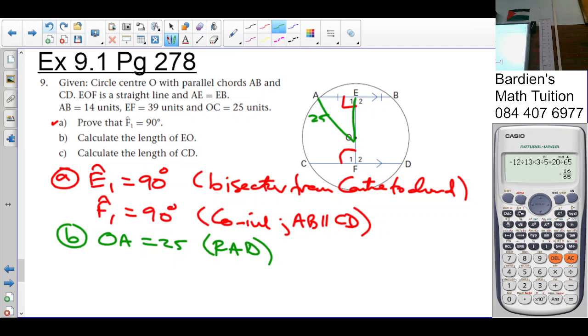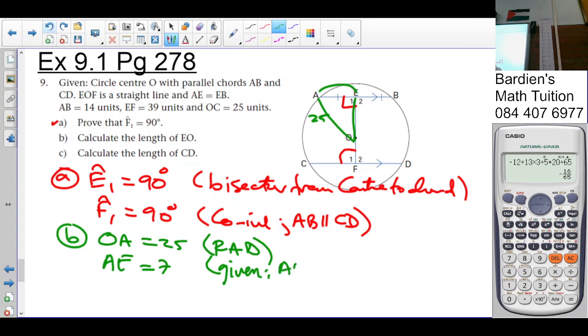What else do we need? AE. What is the length of AE? 7. Why is it 7? It's given. What is given?